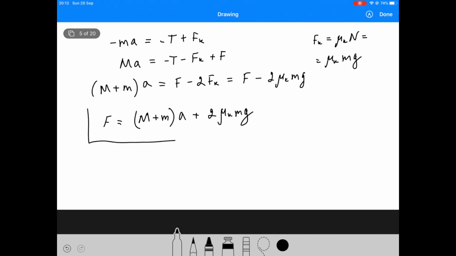This is the answer of our problem. So the question was what force should be applied to the bottom body in order to move these two bodies with some acceleration, a constant acceleration a, assuming that there is friction only between these two bodies described by the friction coefficient mu k. So the problem is solved.